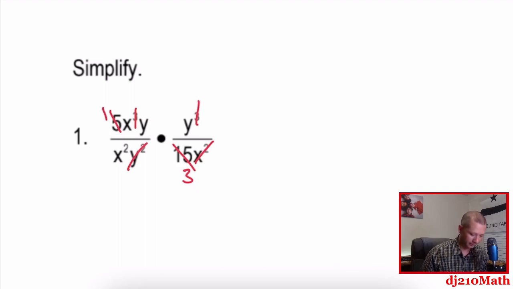What else we have? There's a single x up top and 2 x's in the bottom. All right, so if we can see through the clutter, what's left? Y squared over 3x.